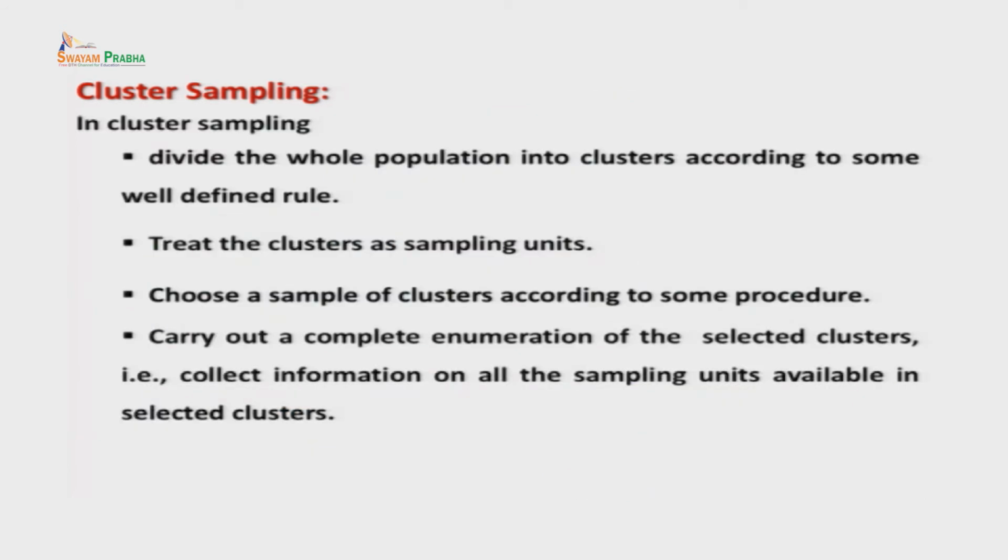So, now I can say formally that in cluster sampling we try to divide the whole population into clusters according to some well defined rule. What is this well defined rule? This actually pertains to a condition like within heterogeneous or within homogeneous, or between heterogeneous or between homogeneous.